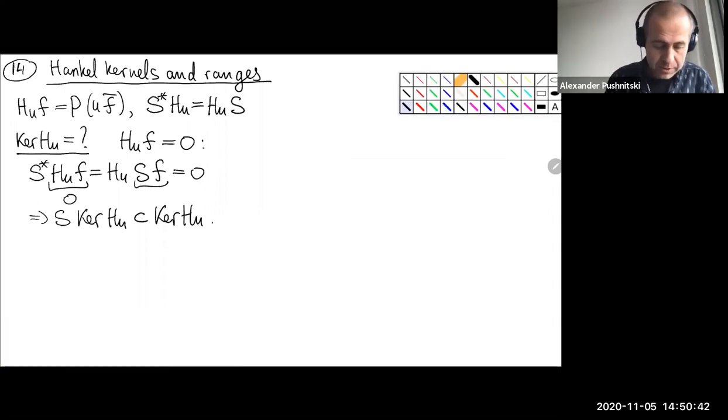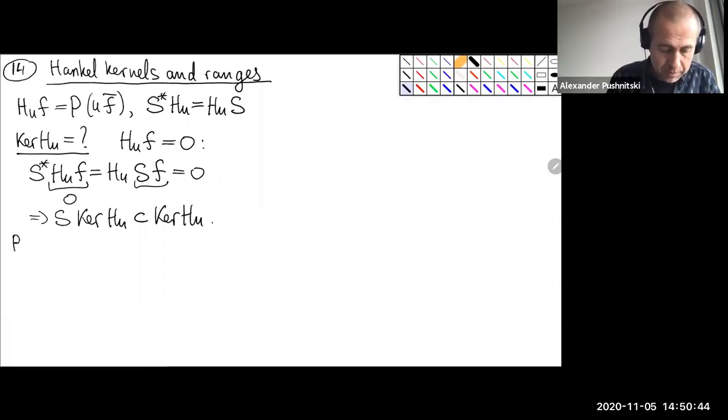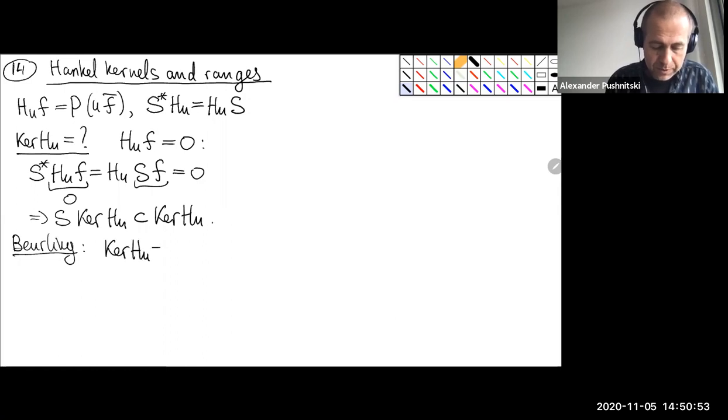That's Beurling's theorem. So by Beurling's theorem, such a kernel can always be written as some inner function. Let me give a different name: psi instead of theta, psi inner.